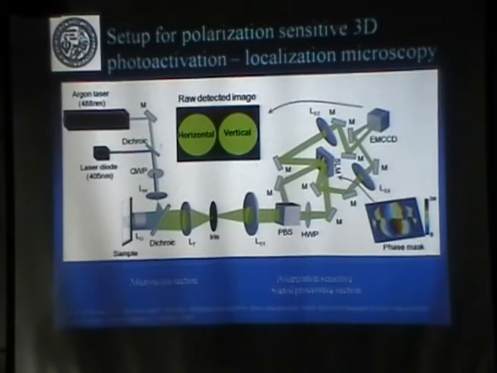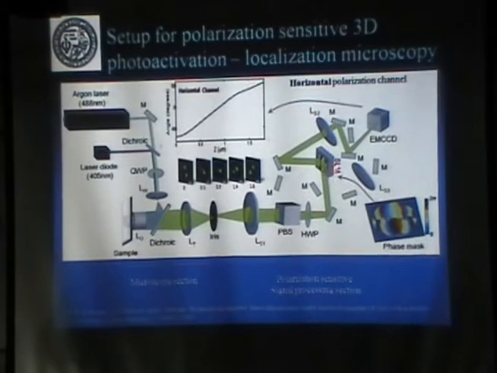So one way is to measure the different polarizations. So let's look at this diagram here. Here is a microscope. This is the illumination with the laser. Here, the 2 lasers. Remember, we have one for activation, one for excitation. And then here we have a beam splitter, and we have 2 paths, one for each polarization.